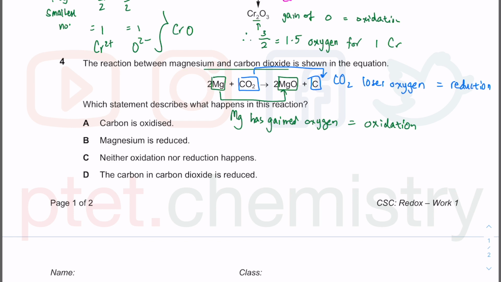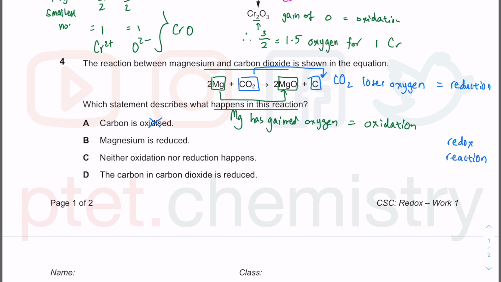When you have both oxidation and reduction in the same reaction, happening simultaneously, that is called a redox reaction. This is a redox change topic. So identify a redox reaction by looking at gaining and losing of oxygen. Well, what do we know? Carbon is reduced. Carbon in carbon dioxide is reduced. So the option saying carbon is oxidized is wrong.